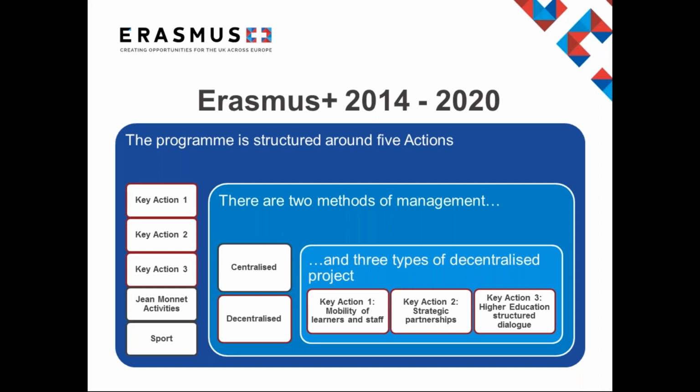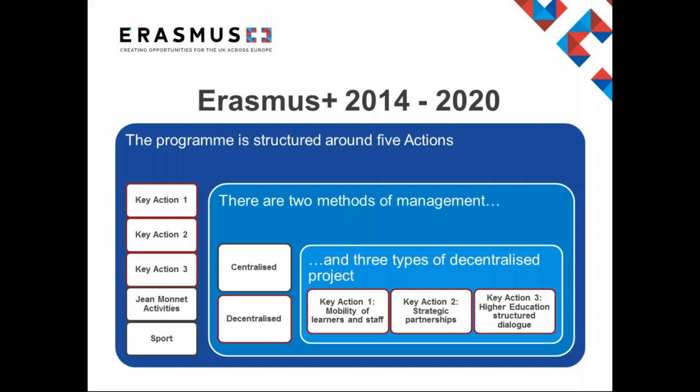Activities are split between those managed in each participating country at national agency level and those managed centrally in Brussels. For centralised action managed in Brussels, you apply directly to the European Commission, and the European Commission will manage your project. There is more detail of this type of project on our website and also on European Commission dedicated web pages.